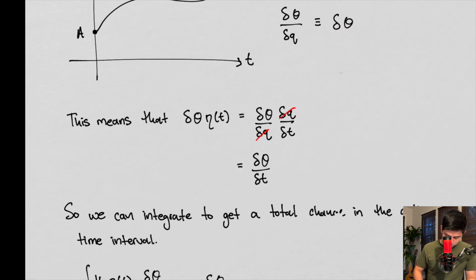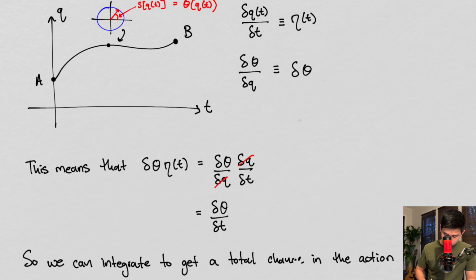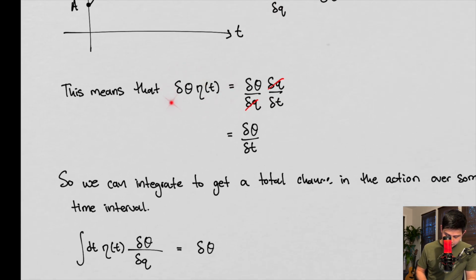This means that we can write delta angle times eta of t. I'm just multiplying these here, and we see that this is the change in the angle with respect to time. So nothing too fancy going on here, but we're going to get to something quite interesting.